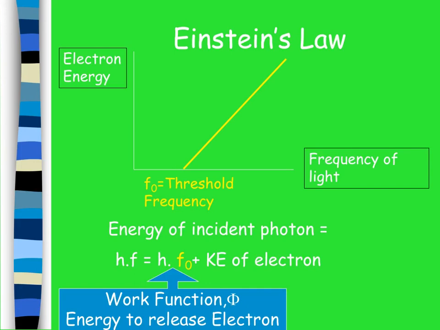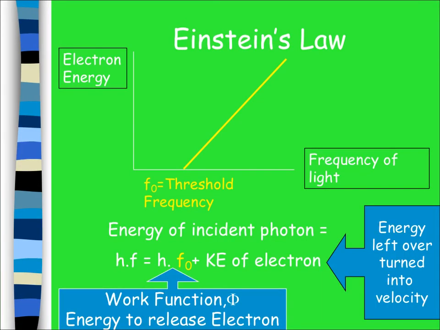So anything left over, by the way, anything which isn't used in liberating the electron, any leftover energy must be turned into kinetic energy, because the electron can only carry kinetic energy. So the leftover energy gets turned into velocity in the form of kinetic energy. And you can work it out, of course, using a half mv squared.